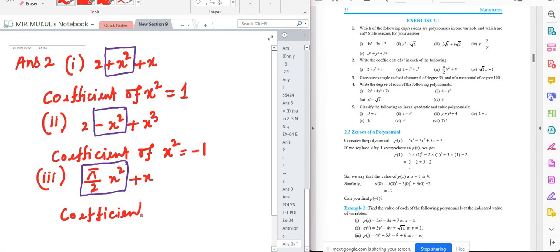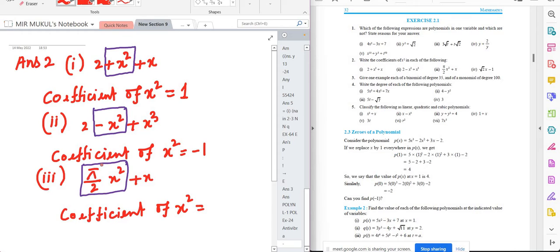Sir, 22/7. It is not 22 by 7. What is given here? That number only you have to write. And you know pi is an irrational number. It is not 22 by 7.